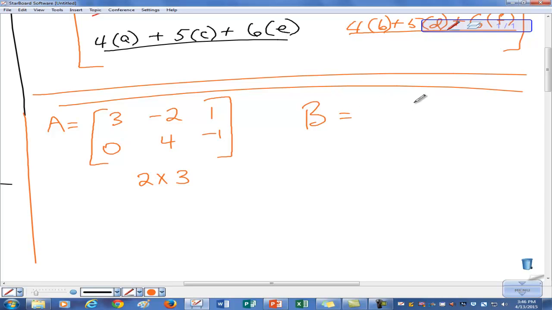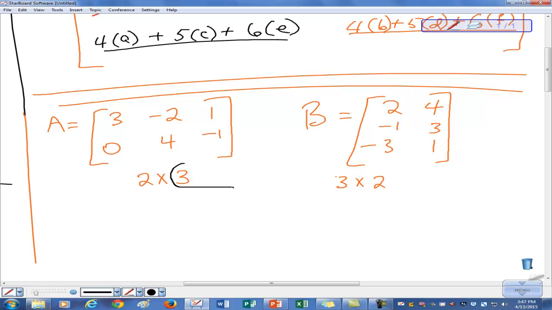Alright, matrix B, this will be 2, 4, -1, 3, -3, 1. Alright, and so this would be what kind of dimension for matrix B? Okay, you should have said 3 rows by how many columns? 2. Alright, so let's see. The number of columns in the first one should match the number of rows in the second, which they do. And so we're going to end up with A times B is going to be a 2 by 2 for an answer.